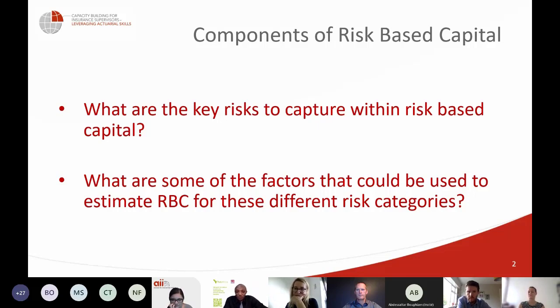And as we discuss this, we might also want to explain why we think these particular risks are important to be captured under risk-based capital. So I just want us to get into the discussion as we kick off this particular day.